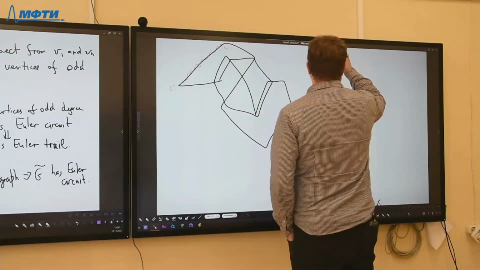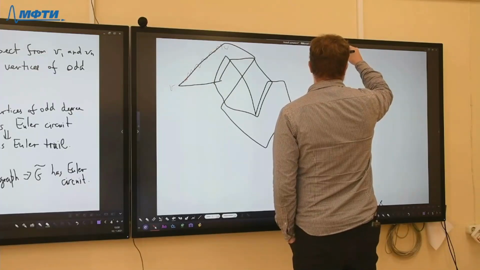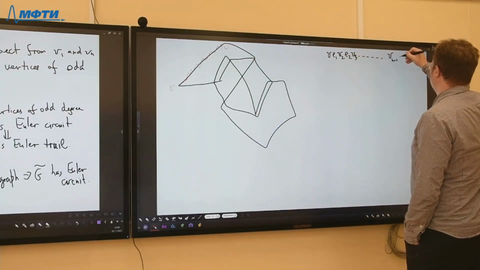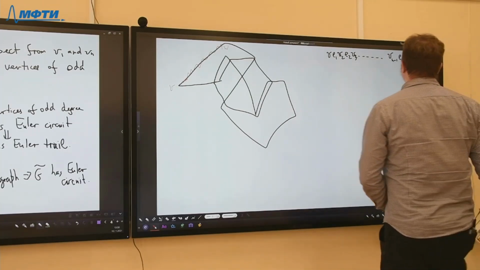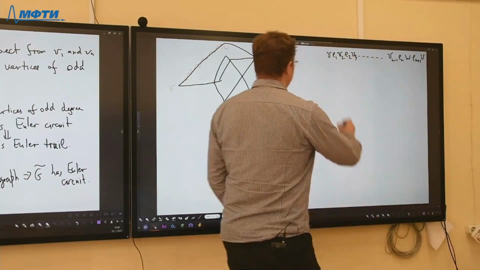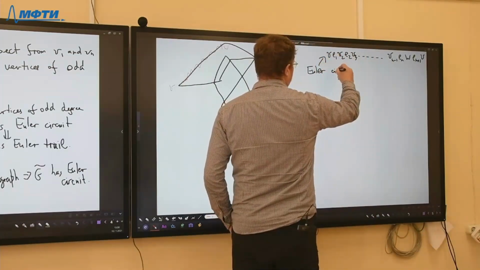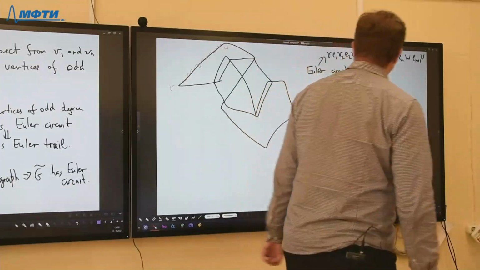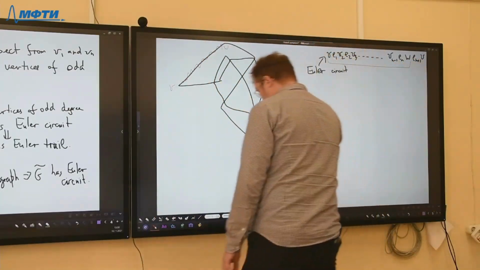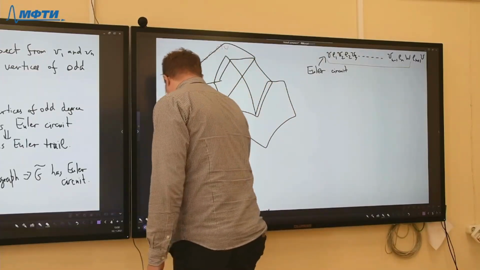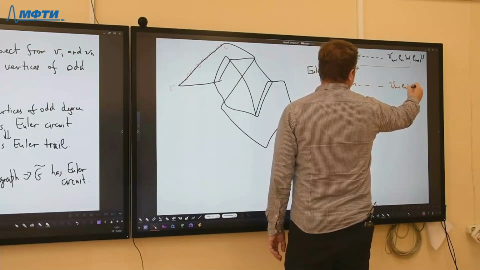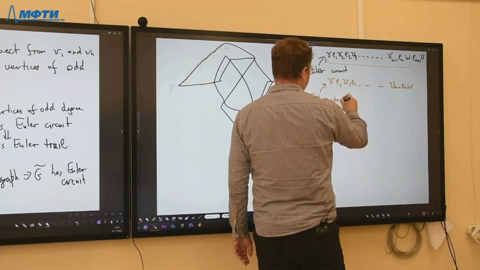So if this is an Euler circuit, then we can just take this part, V1, V2, etc., V minus 1, and W, and this will be the Euler trail that we need to find.